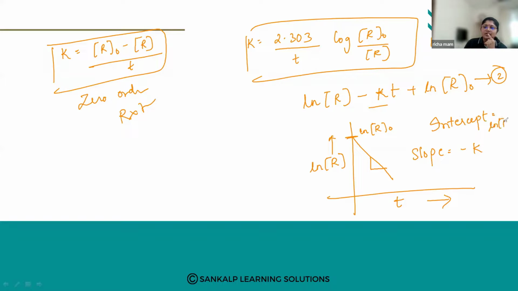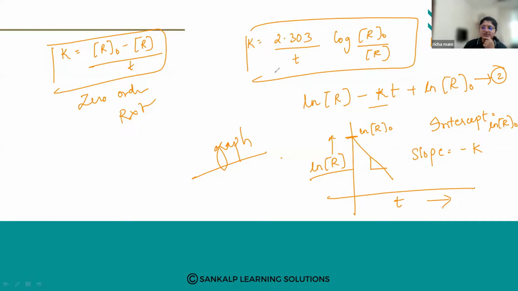This is your graph. Here we are plotting the graph of equation 2. This equation represents a straight line, the graph of ln R versus time t, where the slope is minus k and the intercept is ln R naught.